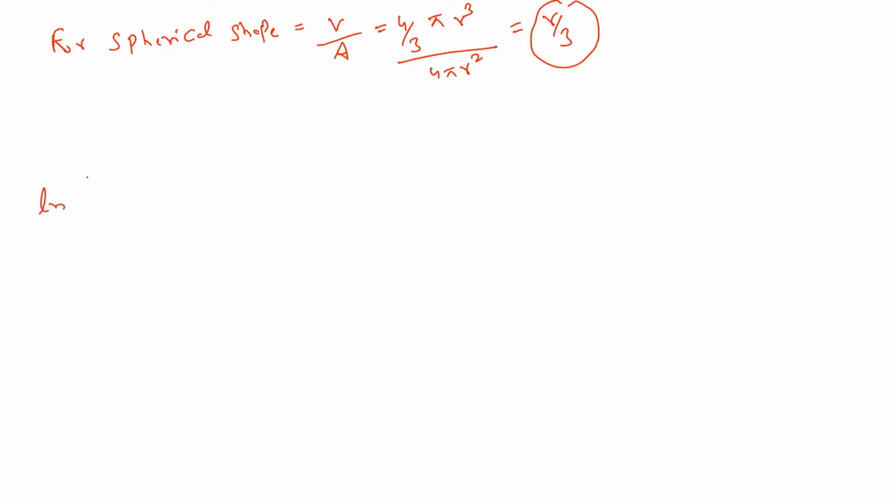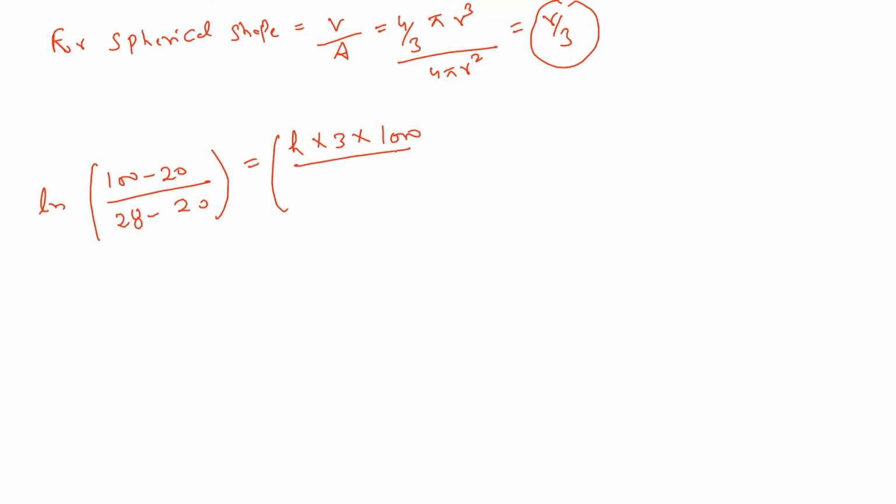Now further, from the given parameters, if we solve it as per the formula, it would be ln of (100 minus 20) divided by (28 minus 20), which would be equal to h into 3 into 1000, divided by 0.5 into 8500 into 400 multiplied by 4.35.